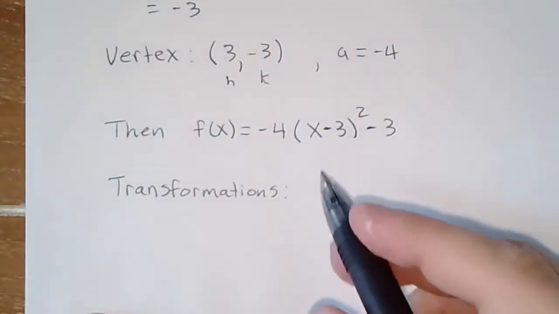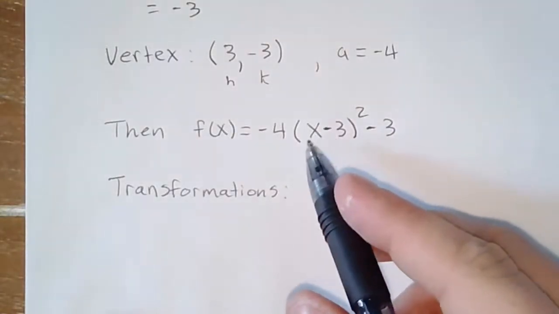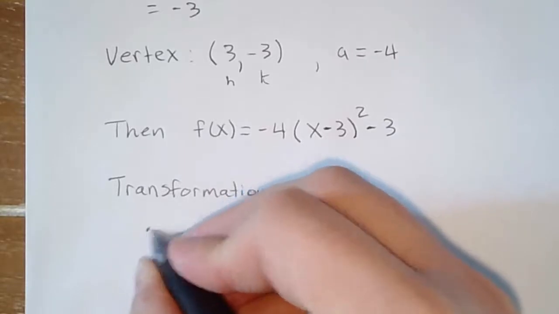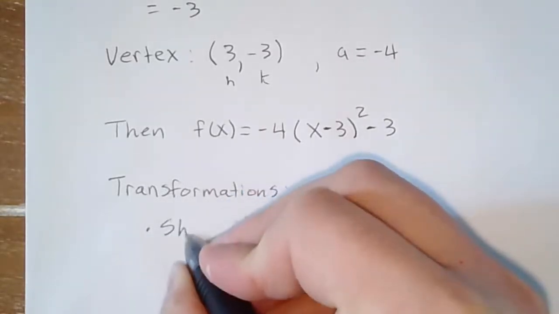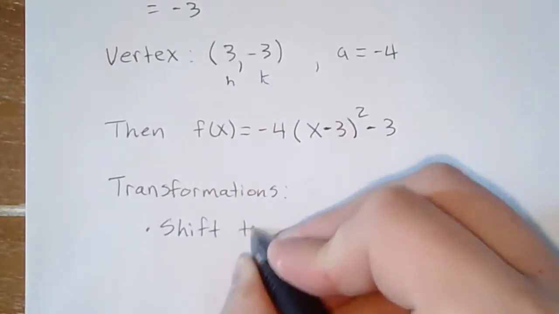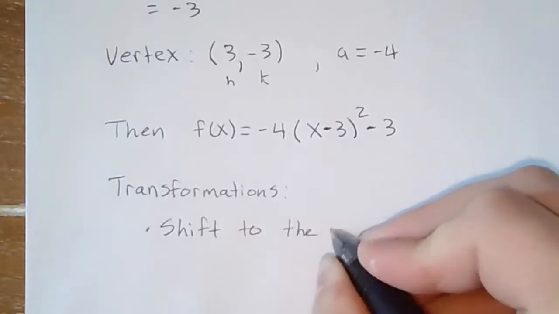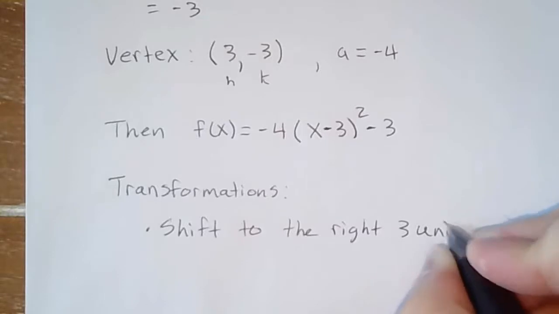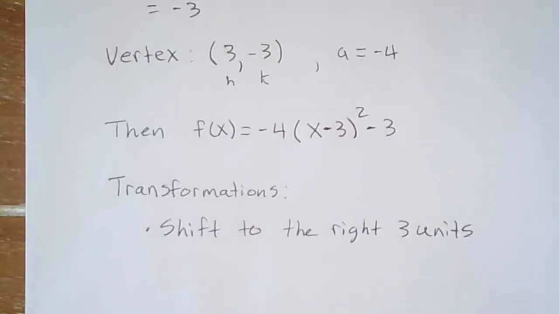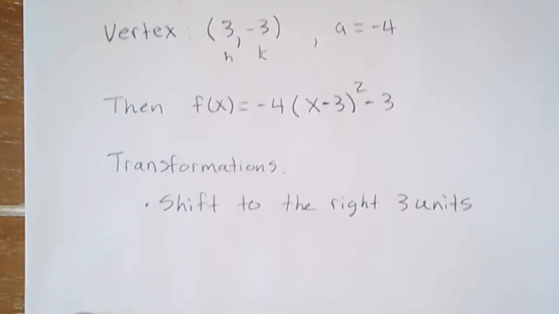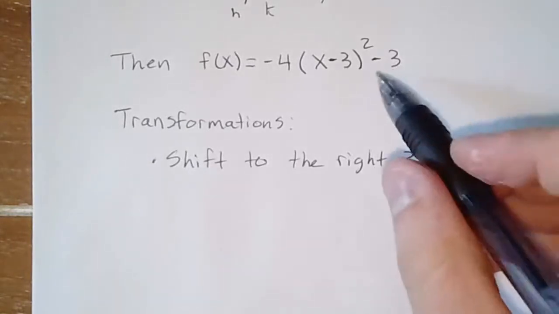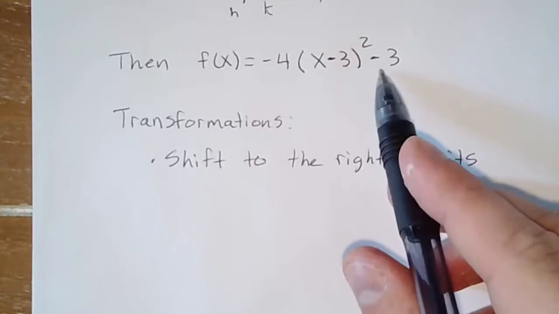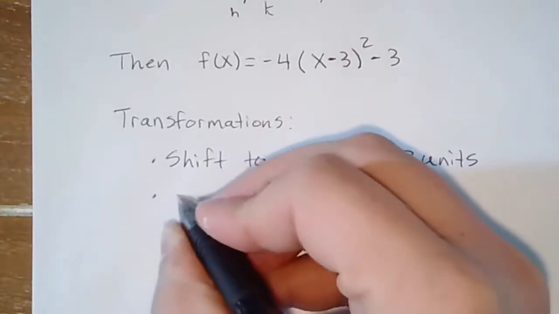One of the first transformations I have is a shift to the right by 3 units. The next thing that we have is what happens with k, and that's telling me that I'm shifting down 3 units.